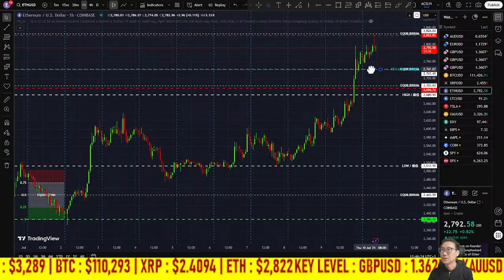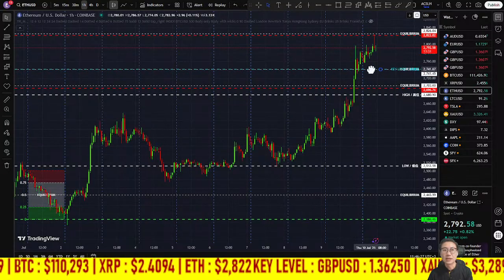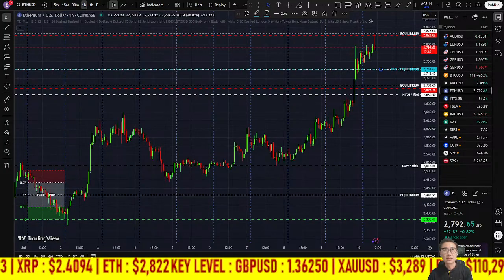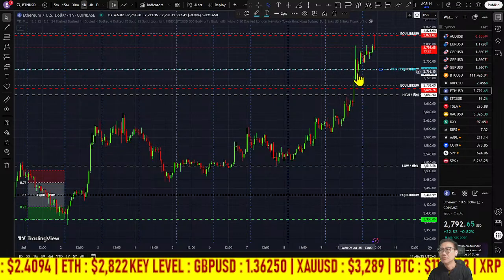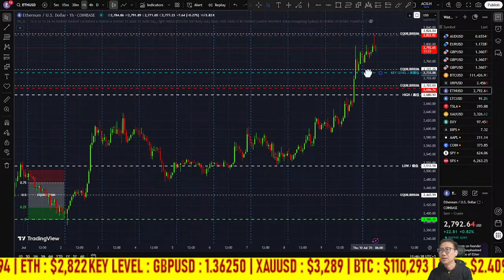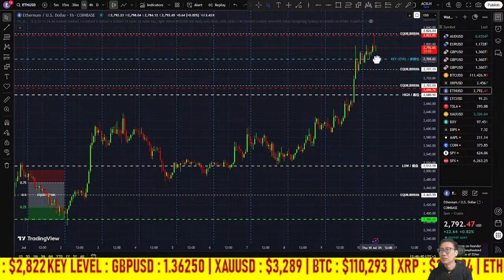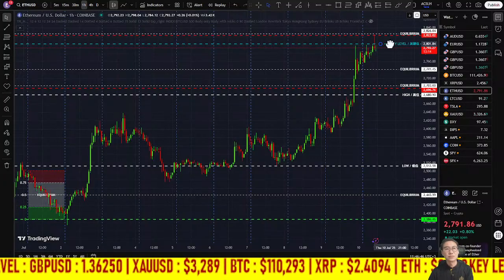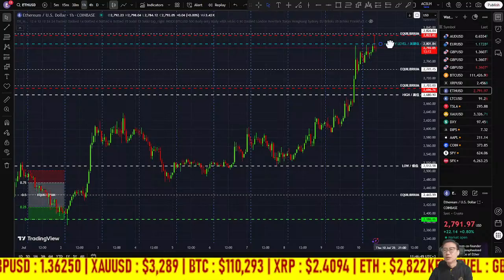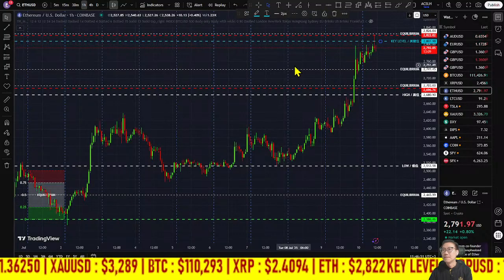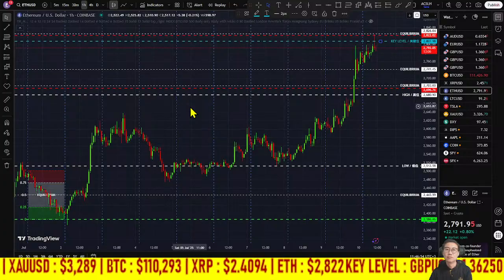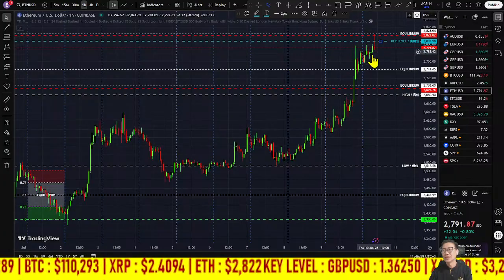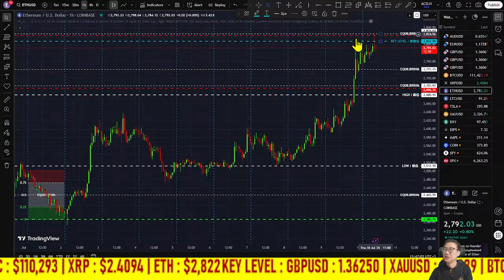I think we can actually look out for something, like this area. Looks like they are losing out. They are having exhaustion here.